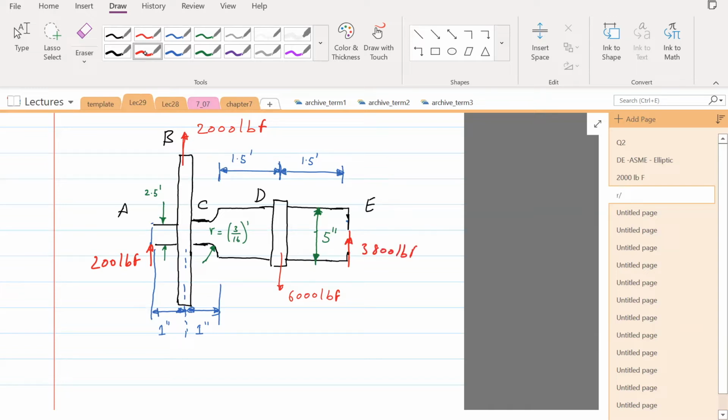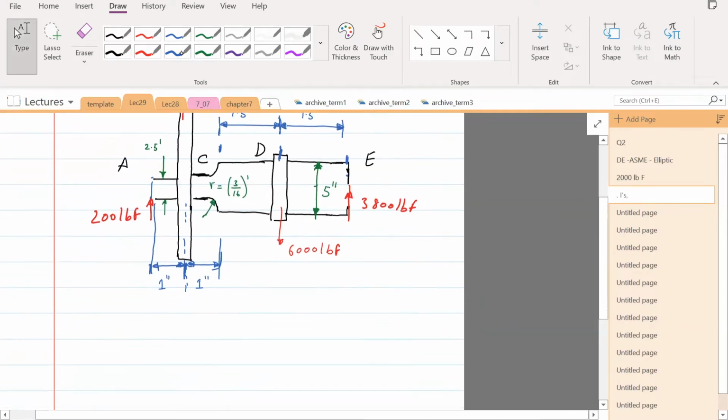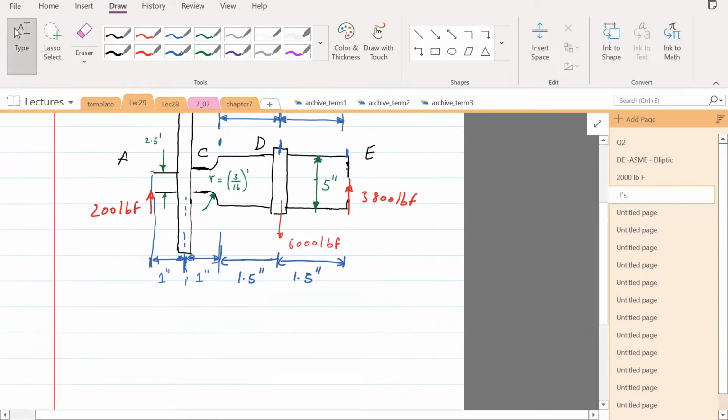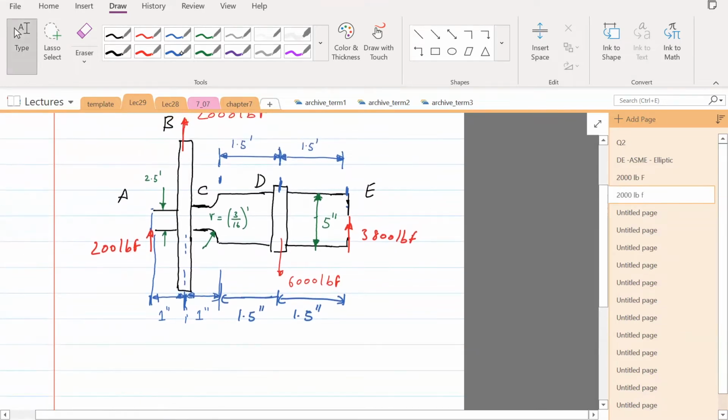So the dimensions are from here to here is 1.5, and then here to here is 1, from there to there is 1, and from here to this edge is 1. Sorry, this should be in inches. Is that clear? Yeah, makes sense. Thank you, Professor.